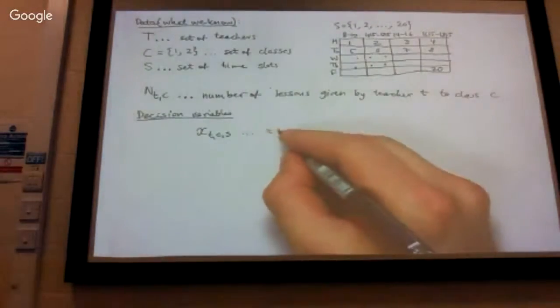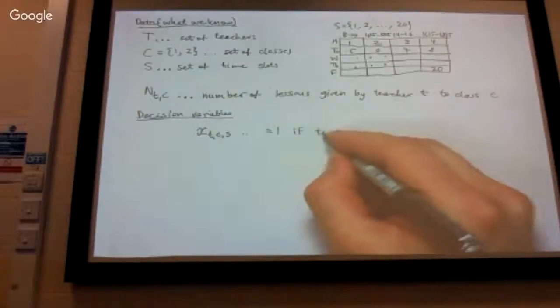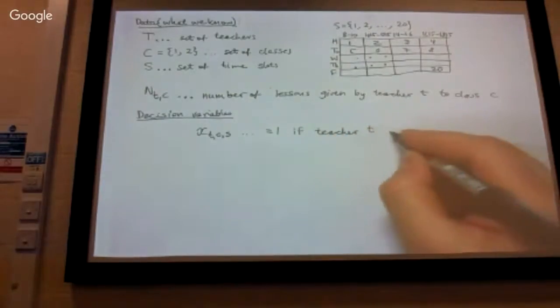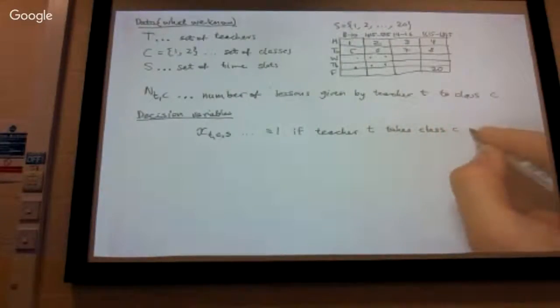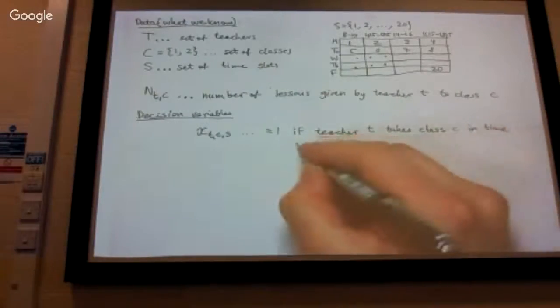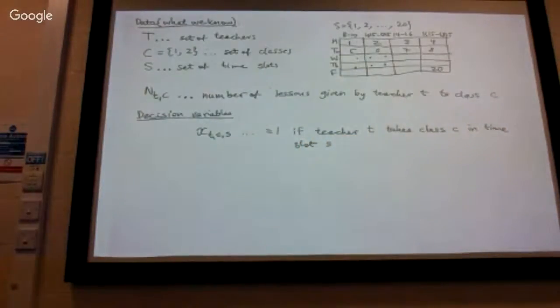And this is going to be equal to 1 if teacher T takes class C, which is 1 or 2, in time slot S. So that's 360 decision variables, because there are 9 teachers times 2 classes times 20 time slots. And each of them can be 0 or 1.